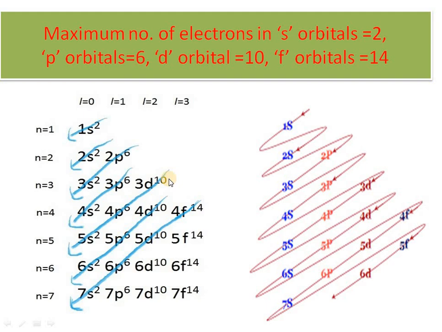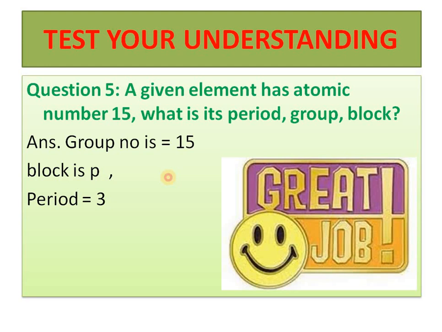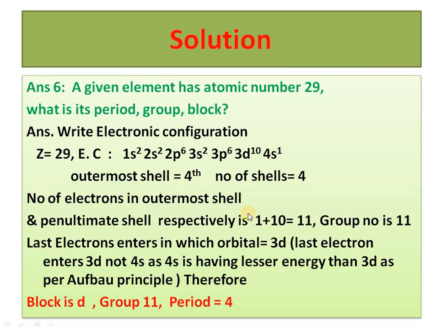So that is the reason we need to understand the electronic configuration; only then will everything be understood in a good manner. Last electron enters the 3d orbital, but not 4s. So 4s is filled first and then 3d10.